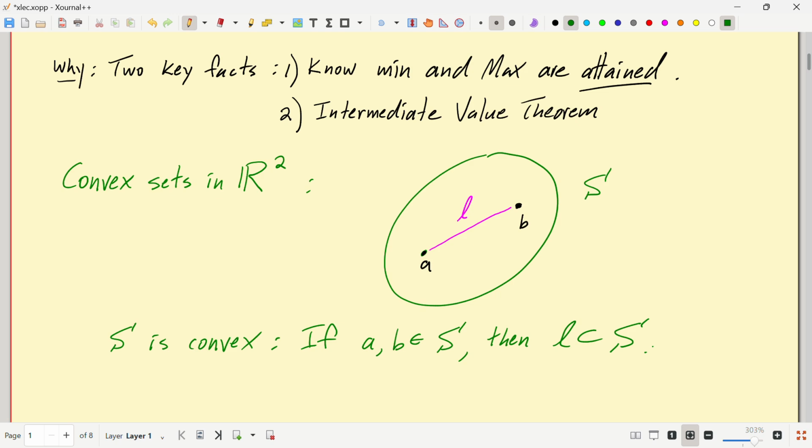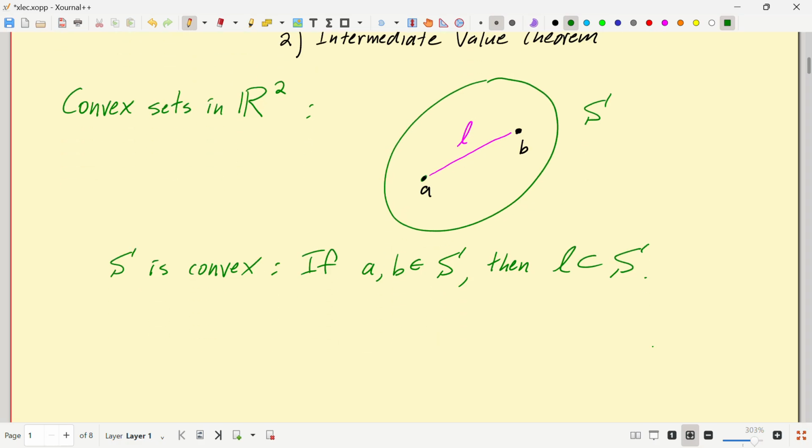Well, it turns out that the notion of convex set in R is exactly the same as the notion of interval.